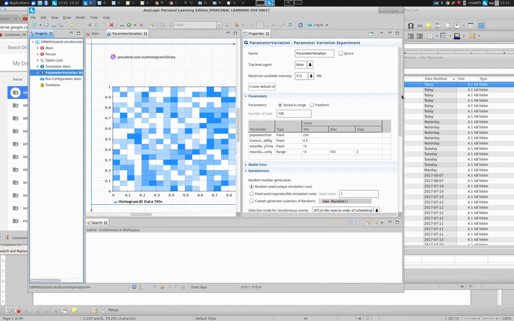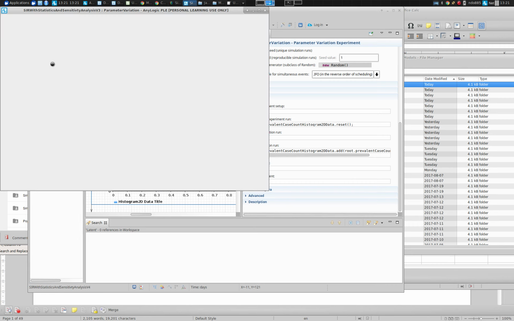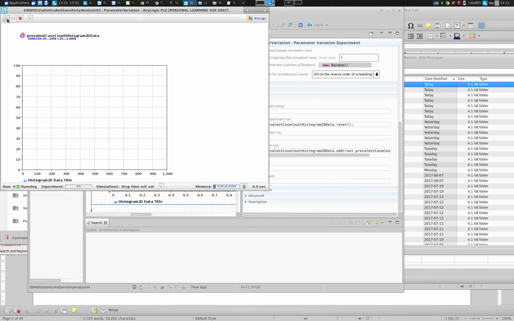For each such time, it accumulated data from that run into the internal data structures in the experiment. And having done so, we have a summary over those many runs associated with the experiment results.